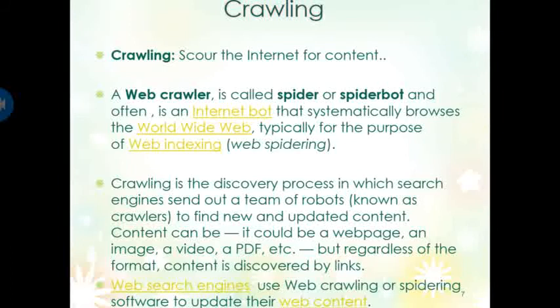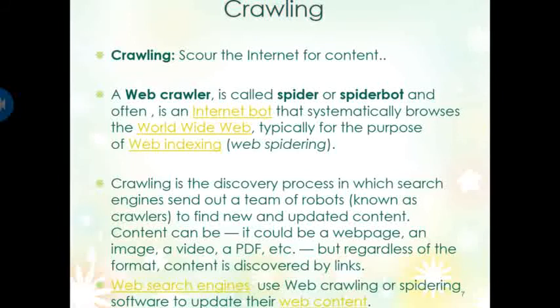Now what is a web crawler? A web crawler is used to systematically browse the World Wide Web, www, typically for the purpose of web indexing. Crawling is the discovery process in which the search engine sends out a team of robots called crawlers.